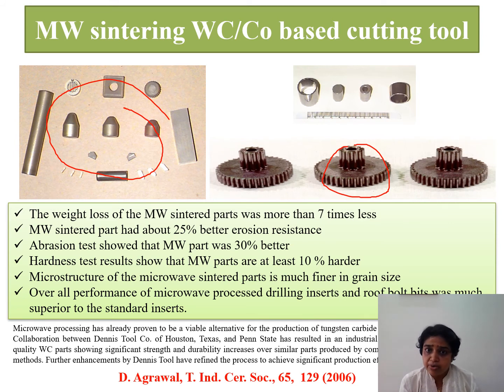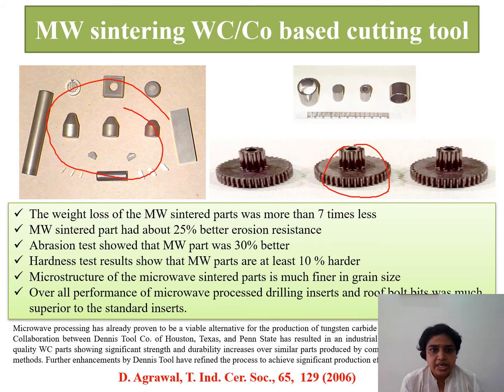This is again a very important feature of microwave, that stoichiometry of the compound can be maintained. The microwave sintered part had about 25% better erosion resistance as compared to conventionally sintered cutting tools. The third one is that they were better performers in the abrasion test, and the hardness test result revealed that they are 10% harder than the conventionally sintered parts.